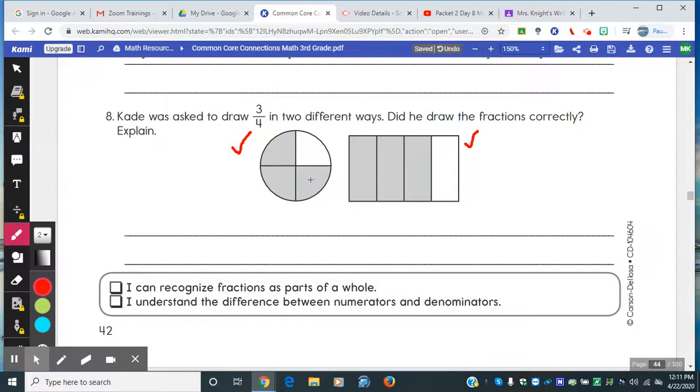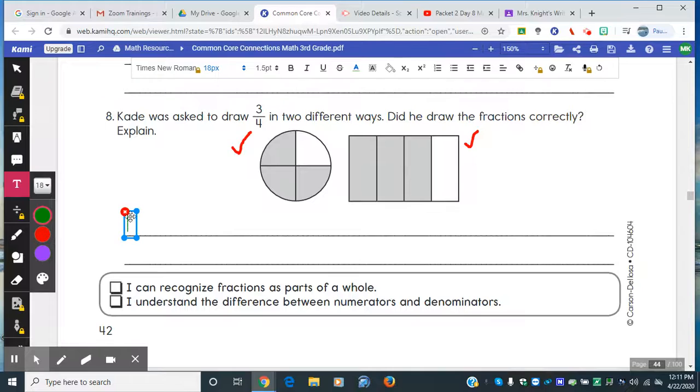Now make sure you've also checked that each piece is equal. Are my pieces equal? Because if they're not, it's not a fraction. These 4 are all the same size and shape. These 4 are all the same size and shape. So again, check. Yes, my pieces are equal. So the question is, did he draw the fractions correctly? Explain, and we're going to say yes.